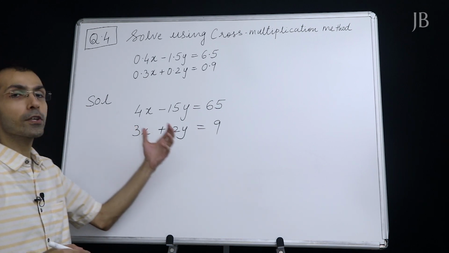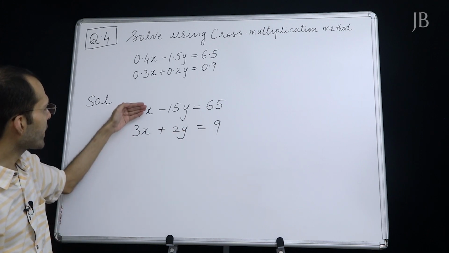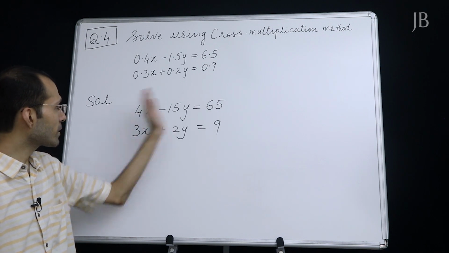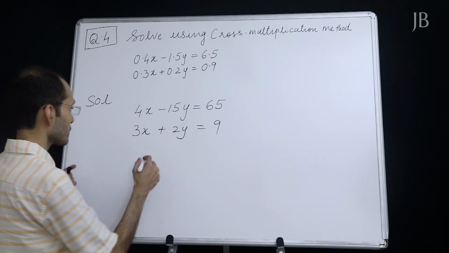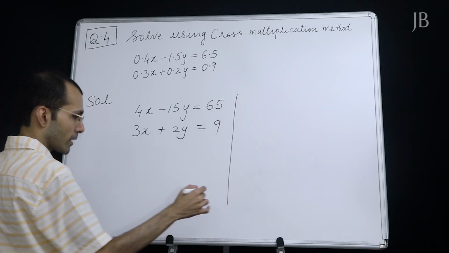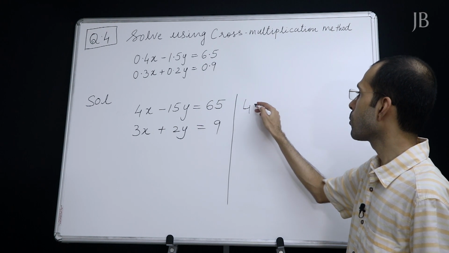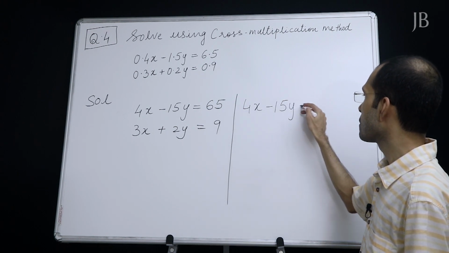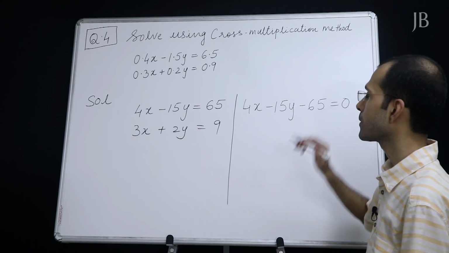And what we had told you, before you employ this cross multiplication method, you should have x first, then y, and the constant should be on the left side and the right hand side should be kept 0. So now here, it will be 4x minus 15y minus 65 is 0.